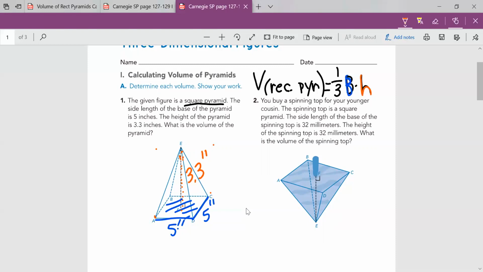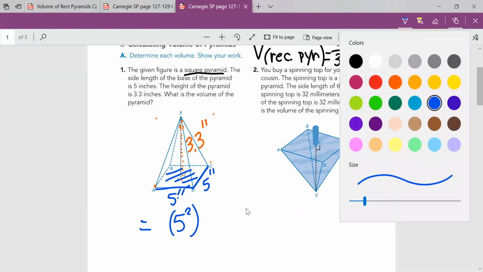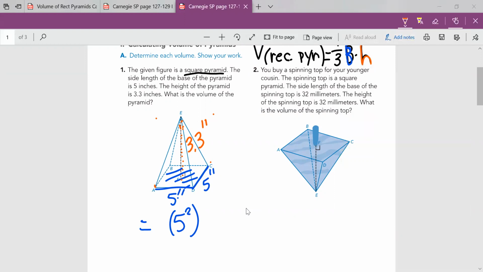We are going to start with the area of the base, and the base is 5 by 5, which is the same as saying 5 squared. We will multiply that by the height, which we know is 3.3. I'm going to use parentheses to show multiplication because we do have a decimal.